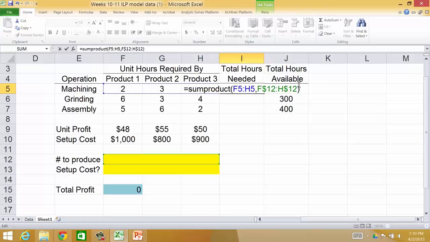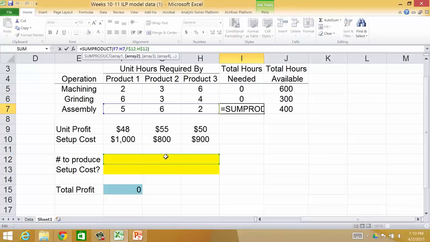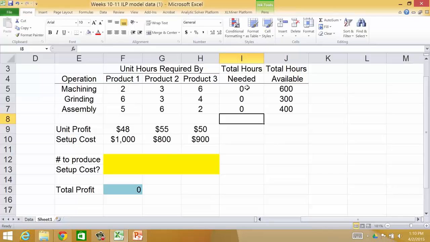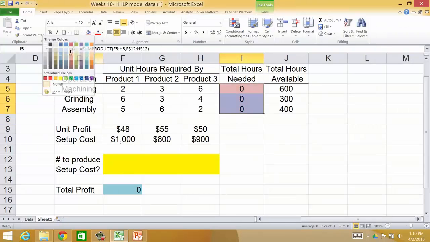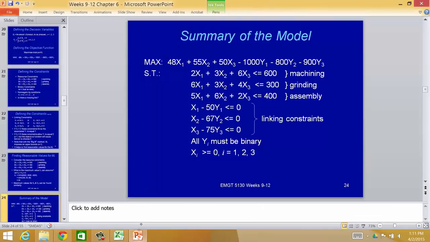So that's the resource needed for machining. I'll copy this all the way down, and click inside the last one to check. So that's the resources needed, and I'm going to shade them in red. That's the first group of constraints.